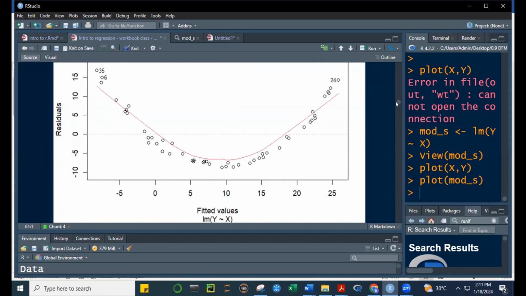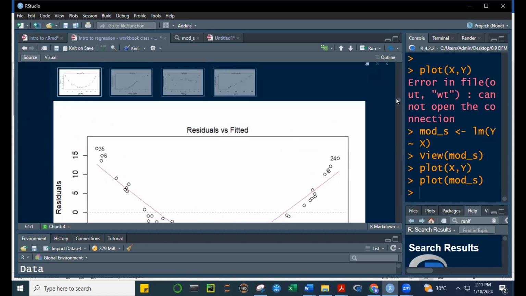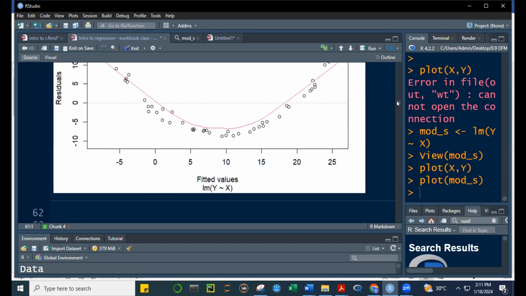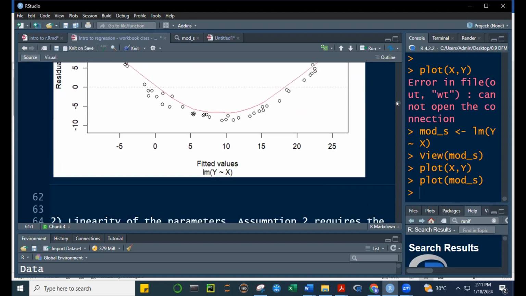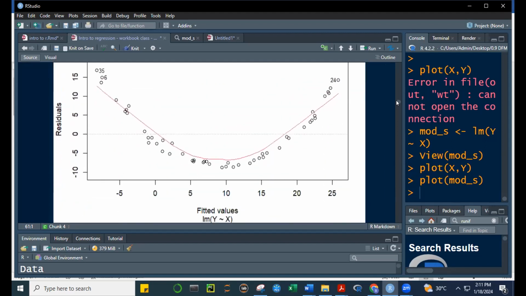So pinlot nito, class, yung difference between your actual versus forecasted, kasi the difference between your actual and your forecasted is your residual, diba? And then pinlot on the y and the x-axis is the fitted value.